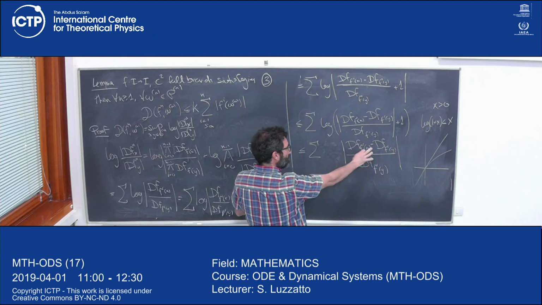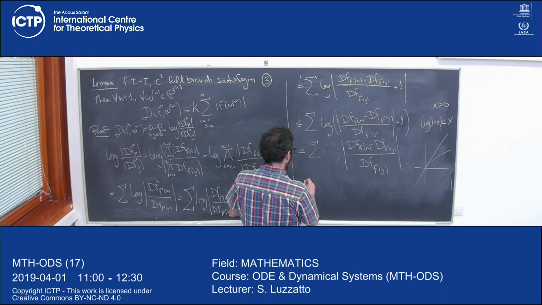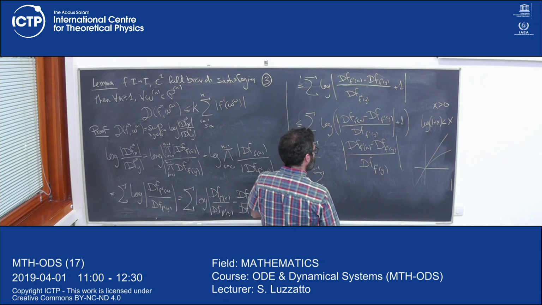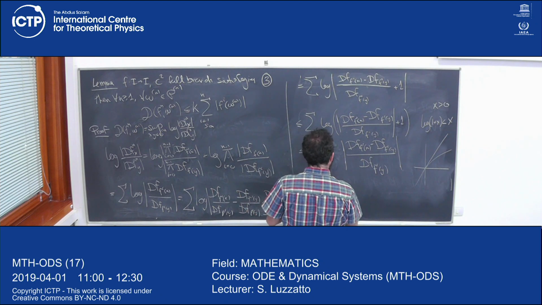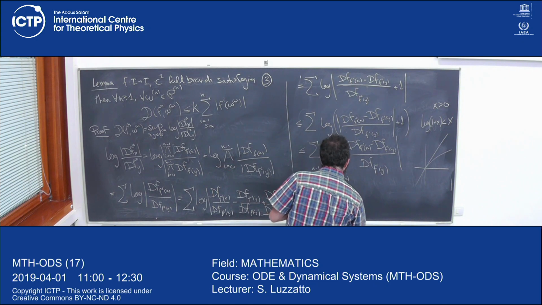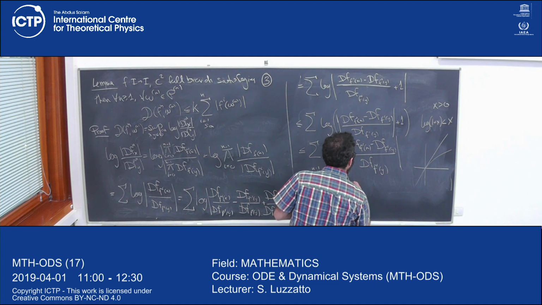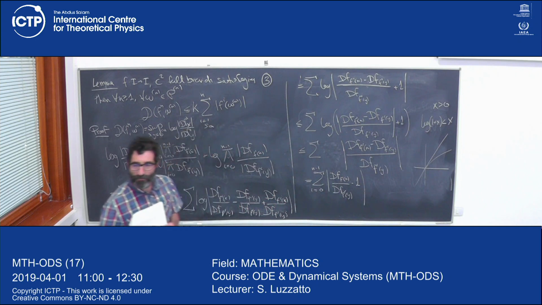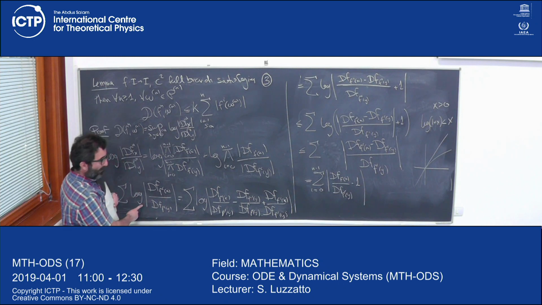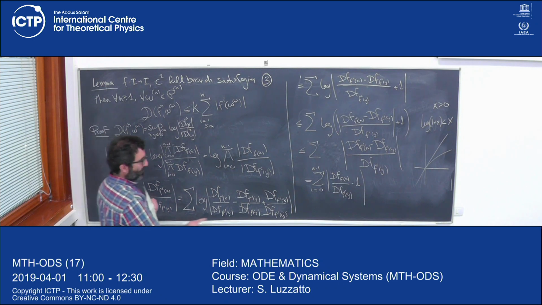Okay, so I got rid of the log, and this I can write as equal to the sum, always from 0 to n minus 1, of df(f^i(x)) over df(f^i(y)) minus 1. Okay, so I've just taken a very long detour to go from this basically to this.